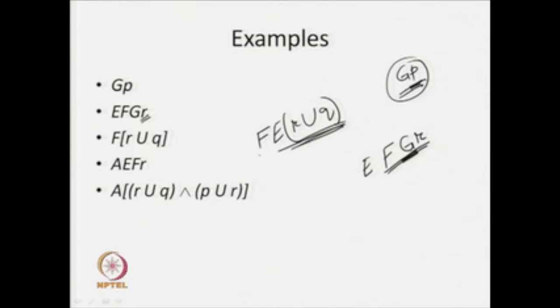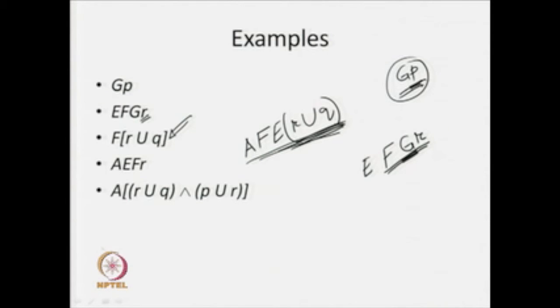I can make it a CTL formula by placing a path quantifier in front of it, and then this whole formula becomes a CTL formula. As such, this third formula is not a CTL formula, but it is a temporal formula. But if I put a path quantifier in front of every temporal operator, then it becomes a CTL formula.